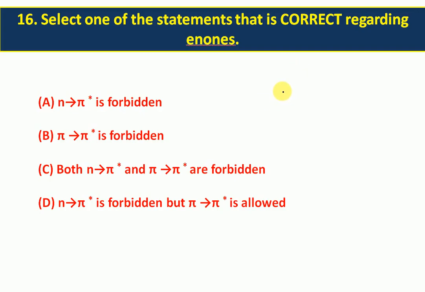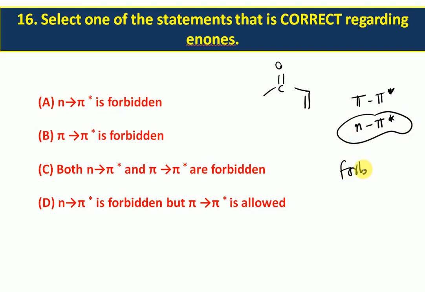Dear friends, enone is having carbonyl group conjugated with double bond, and these systems are having 2 important transitions, n to pi star and pi to pi star. This n to pi star is a forbidden transition and pi to pi star is an allowed electronic transition according to the selection rules. So pi to pi star is allowed, n to pi star is forbidden.